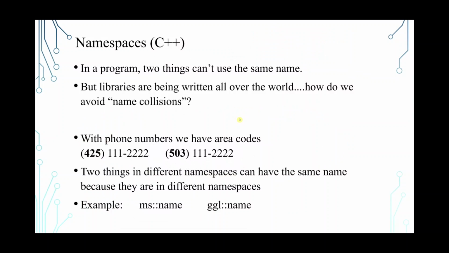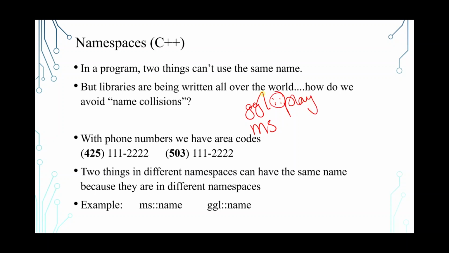So, the namespaces. You have seen me a few moments ago adding using namespace std. In a program, two things can't use the same name. So basically, I cannot have a library from Google with ggl and another library from Microsoft like ms, and both of them using the same name. For example, let's say we are using the variable or the function play.